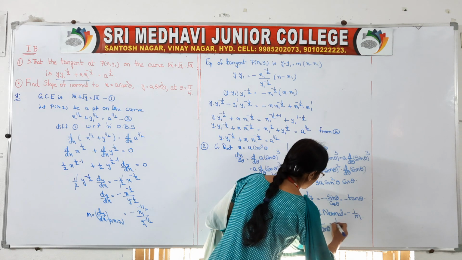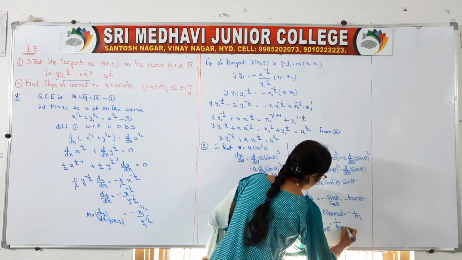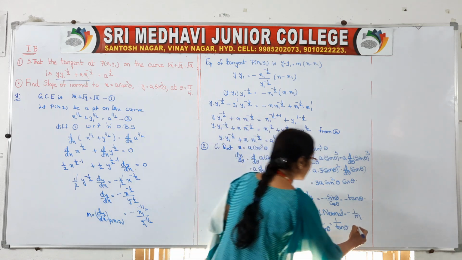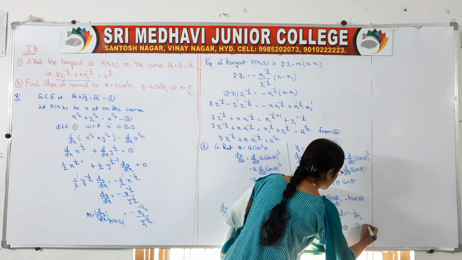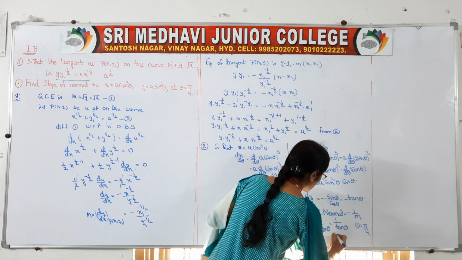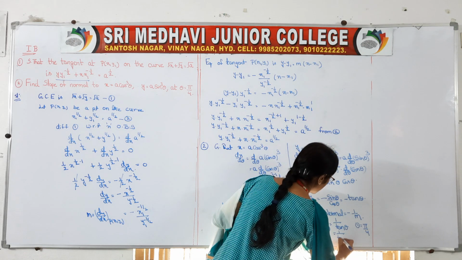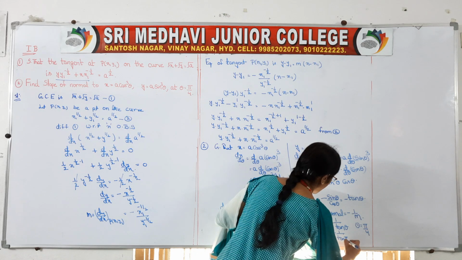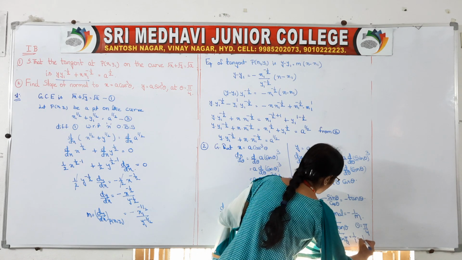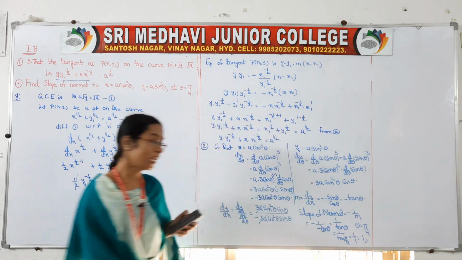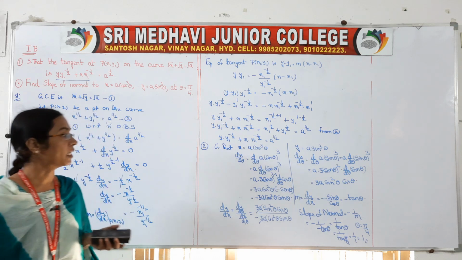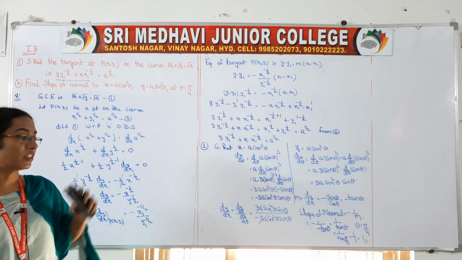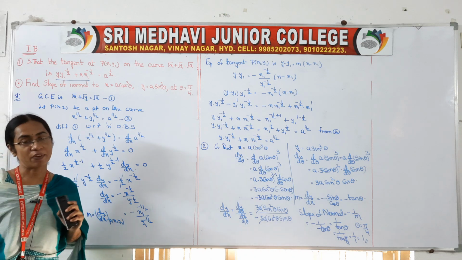Minus minus, it is 1 by tan theta. And theta is given as pi by 4. So 1 by tan pi by 4, tan 45 is 1. So 1 by 1 is 1. So the slope of the normal value is 1.